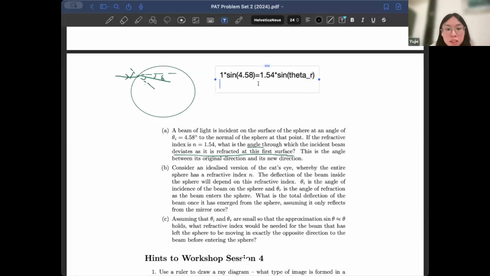And the final answer to part A, the angle of deviation, delta, would be the initial incident angle, 4.58, minus the angle of refraction, which should be around 3 degrees, and more accurately 2.97 degrees.